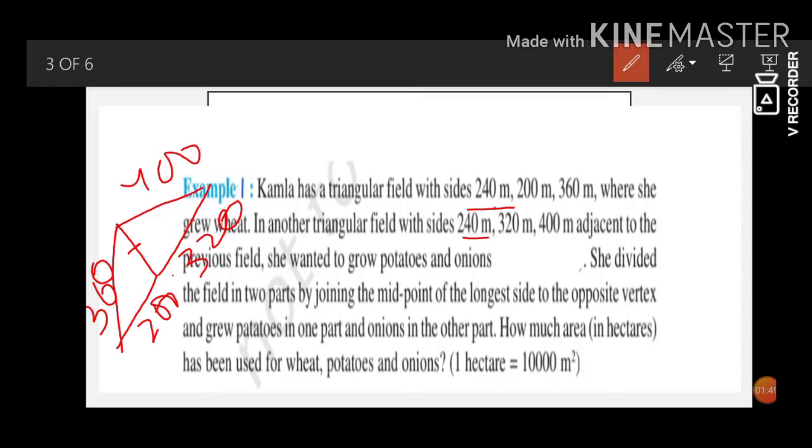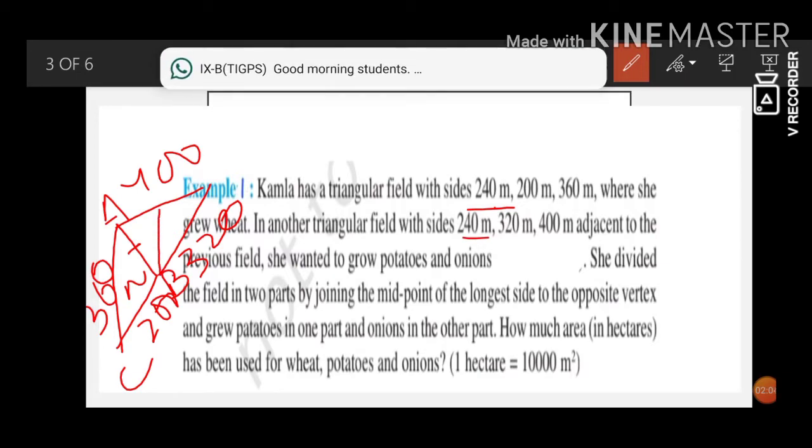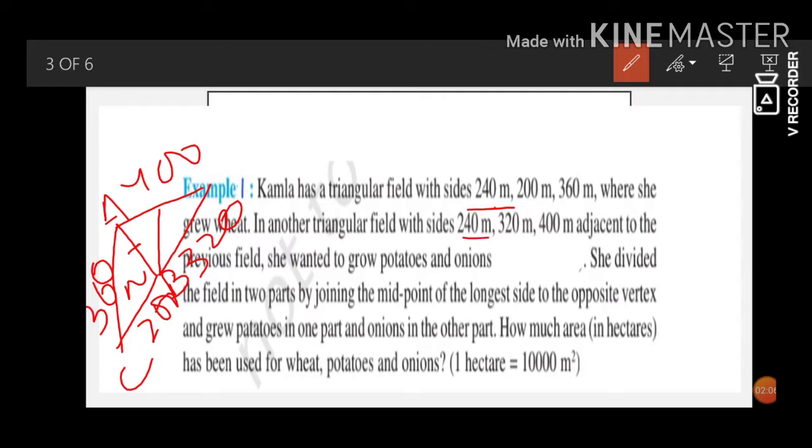Now this ABC is the triangular field where wheat is grown. In the other adjacent triangle, two crops are grown, potato and onion, and it is divided from the longest side in this fashion. One part potato is grown and another part onion is grown.